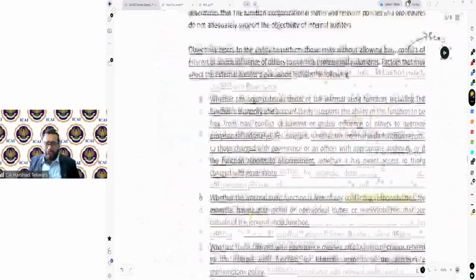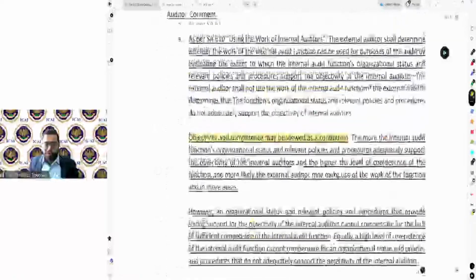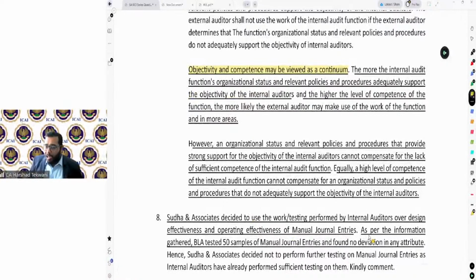Okay, so now Sudha and Associates are saying that they are relying upon the work performed by the internal auditor, assuming the internal auditor has competency, objectivity, and a disciplined and systematic approach. So assume that all three things are present.